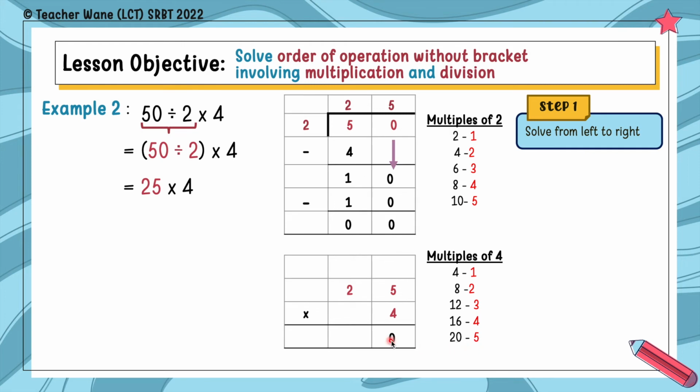So 0 here, plus 2 at the top. Regrouping. Next, 4 times 2. 4 times 2 is 8. So 8 plus 2, what is the answer? 10. So my final answer for this question is 100.